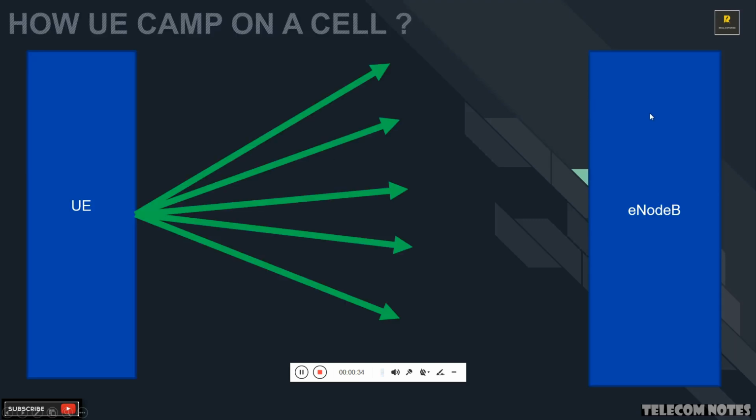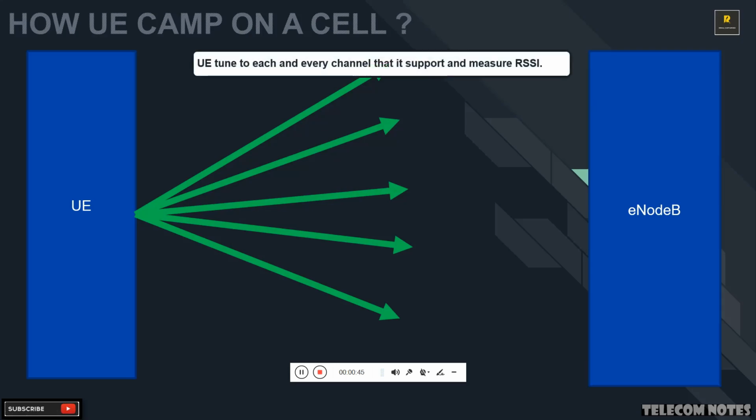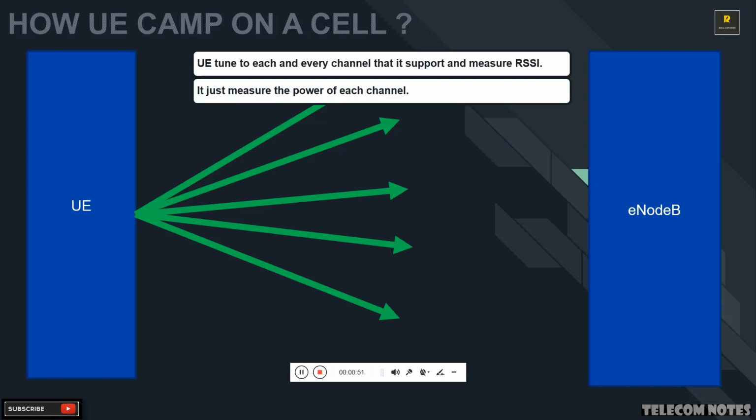So how does a UE camp on a cell? Right now, at the starting, the UE is just searching for the frequency to catch a particular network. Starting from the first point, the UE tunes to each and every channel that it supports and measures RSSI.